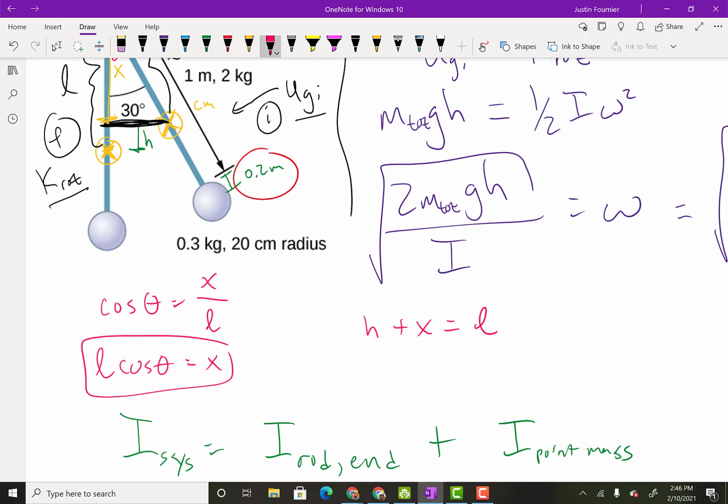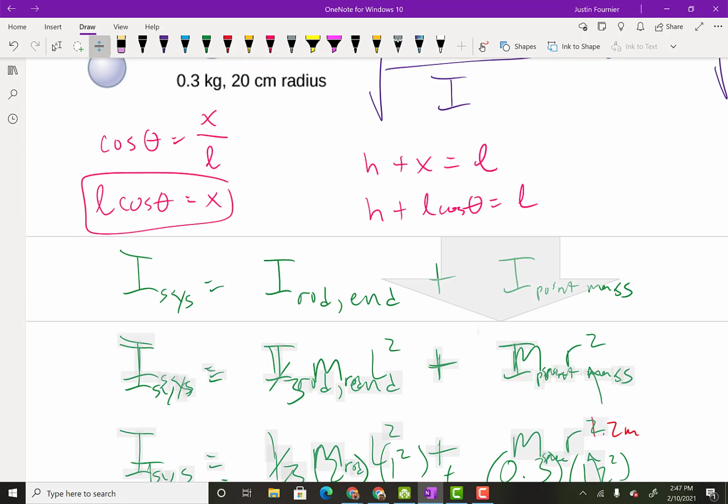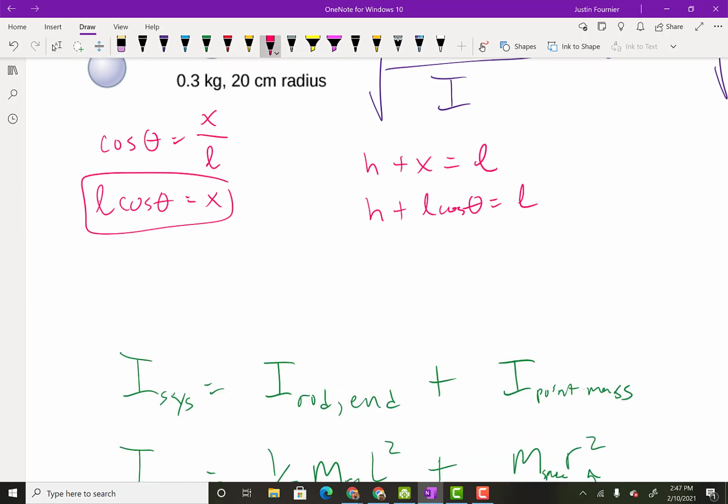So this will be h plus L cosine theta equals L. So h equals L minus L cosine theta. I can factor out the L, and I get 1 minus cosine theta.